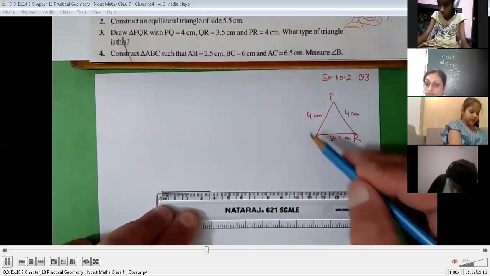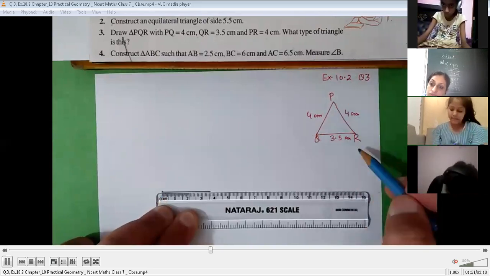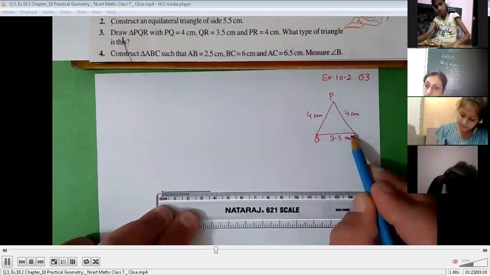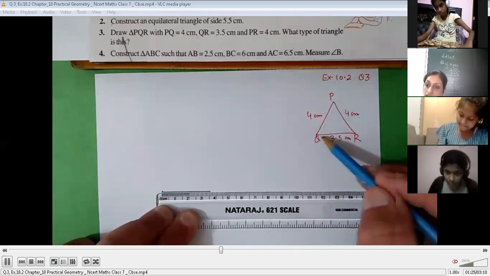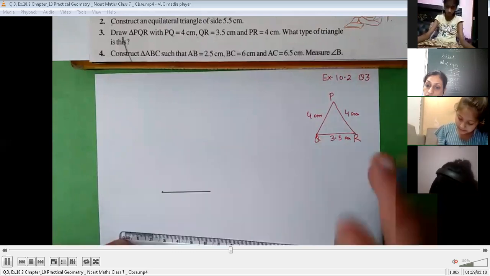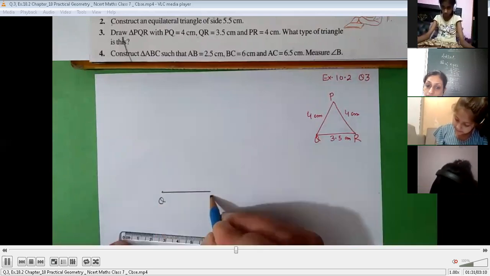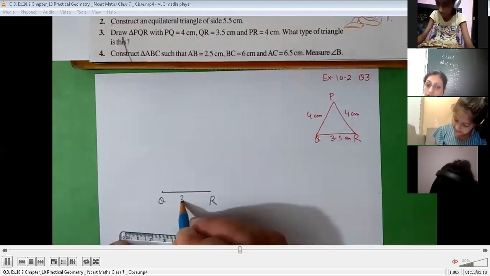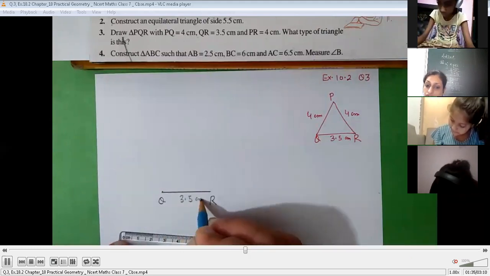Now we'll be drawing PQ and PR also. Yes, this is the PQ line, QR line. Both are different, so first of all, we'll mark QR as 3.5 centimeters.